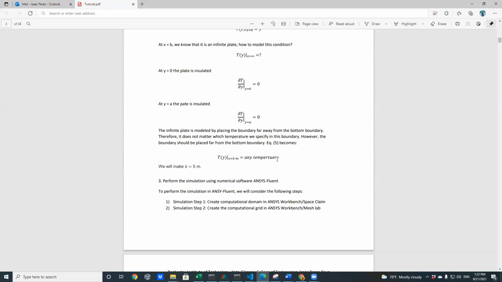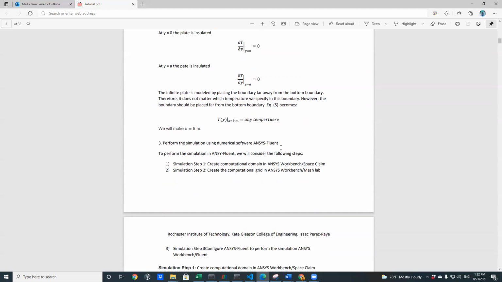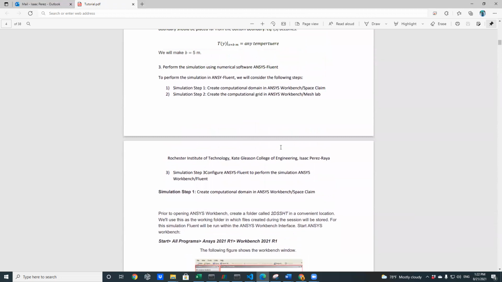We have any temperature, and we will make b equal to 5 meters. I hope these 5 meters are long enough so that the location of this boundary does not really affect the temperature distribution near the heated plate. And by doing that, we are simulating this infinite length plate.